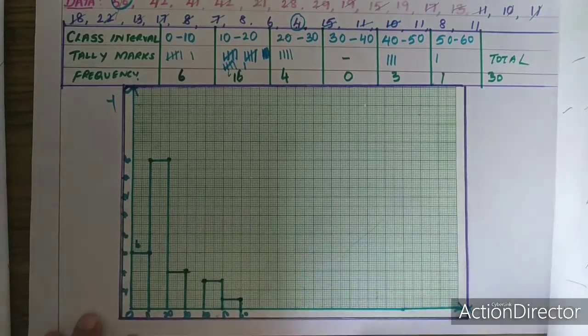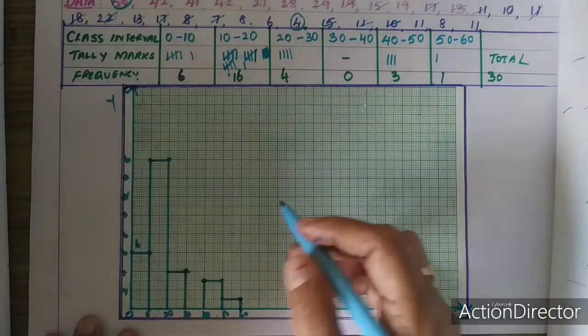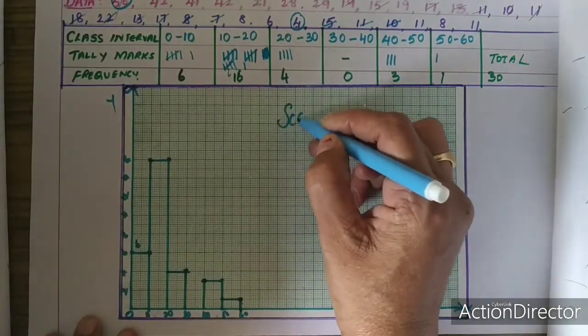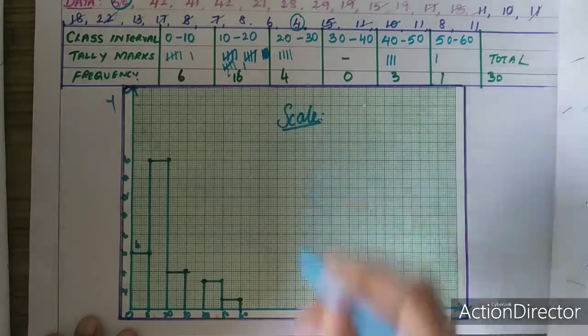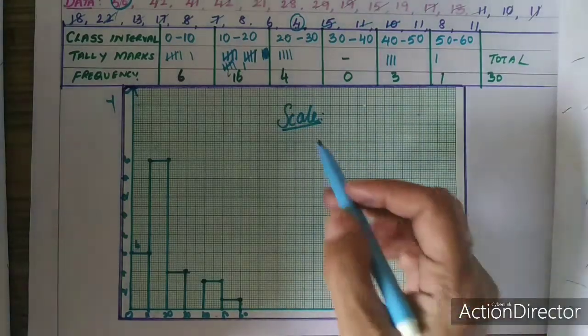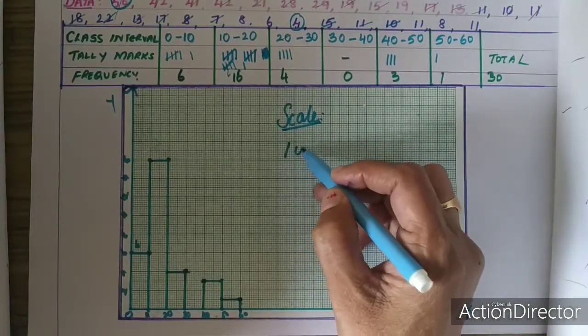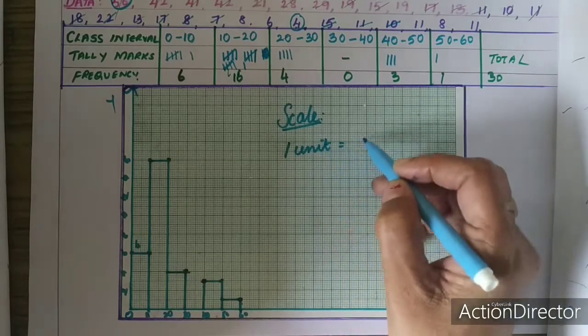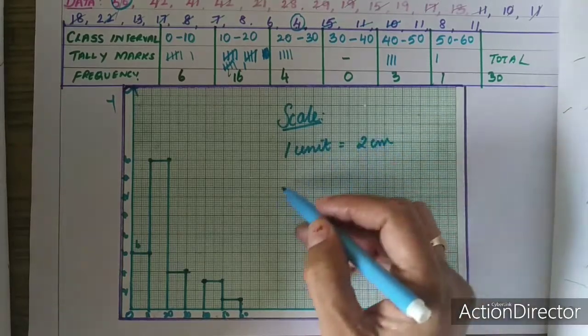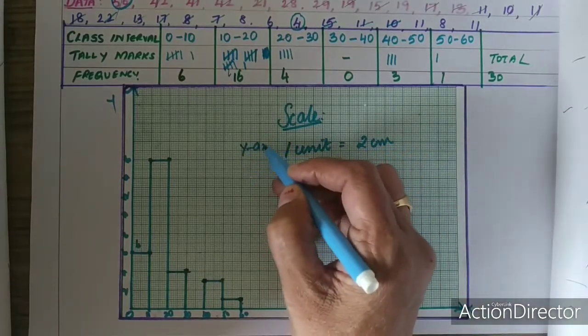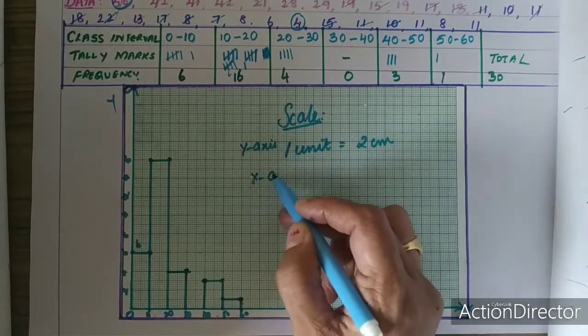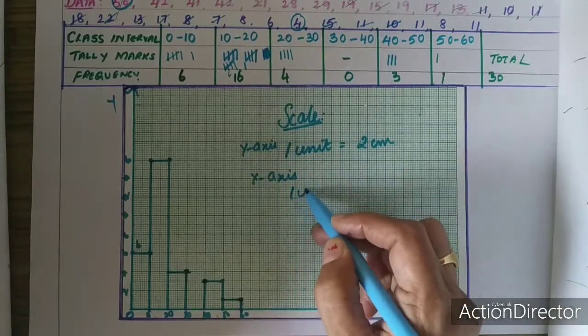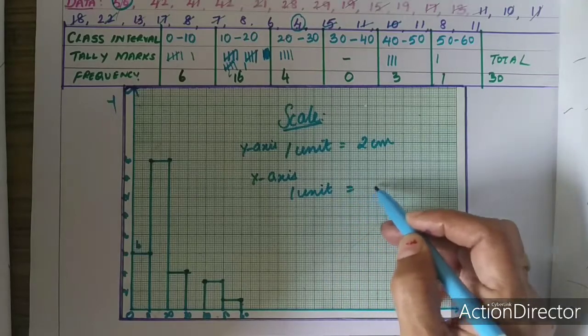So now you write the scale. So 1 unit is equal to 2 centimeters, and this is the y-axis, and on the x-axis you are having 1 unit equal to 10 centimeters.